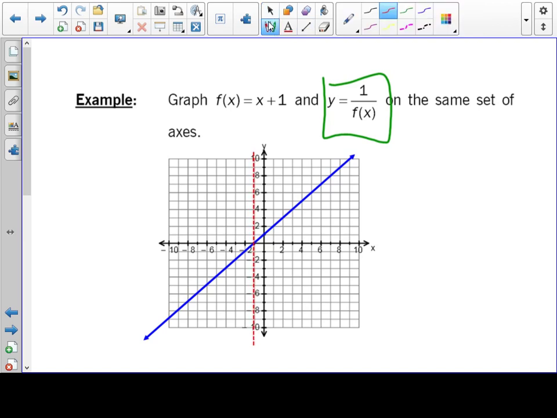And then go ahead and draw there you go. There you go. And there you go. That's what it looks like. Okay?